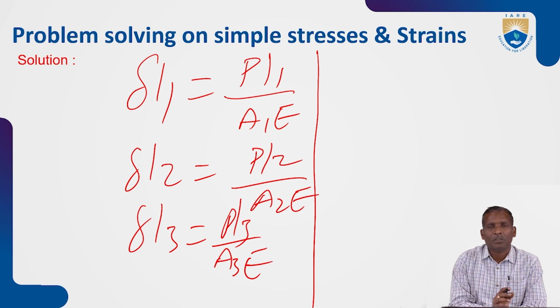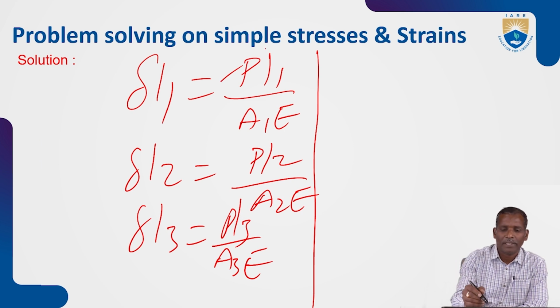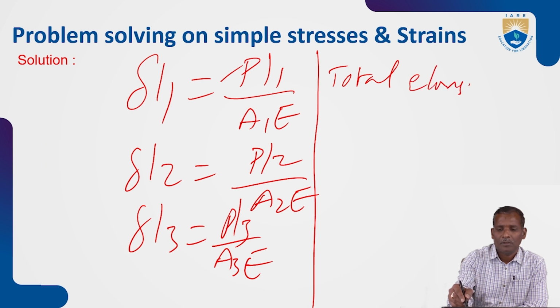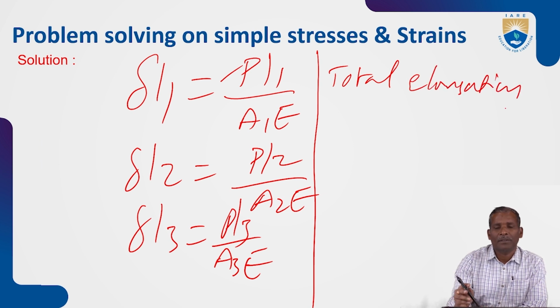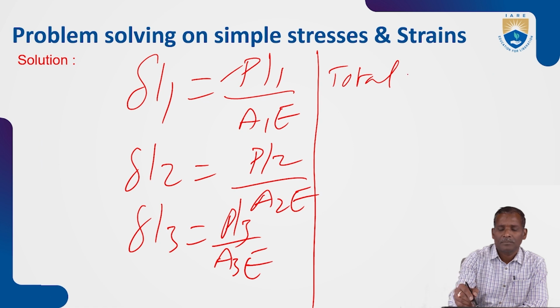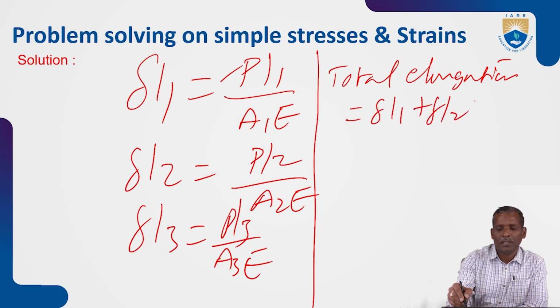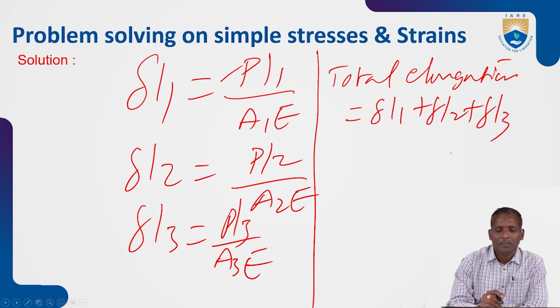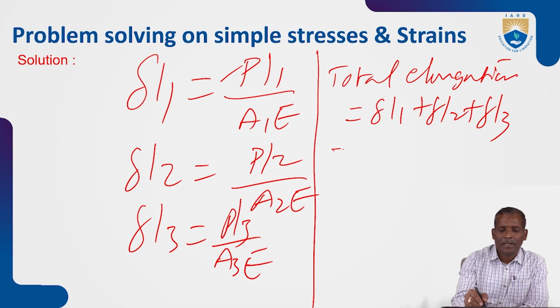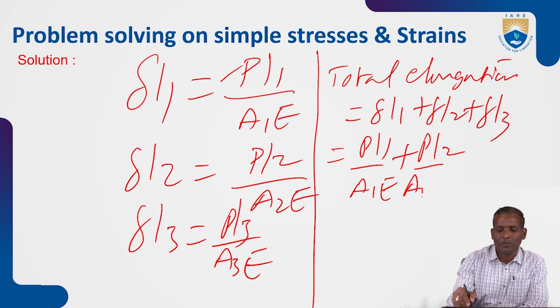What he has asked is the total elongation of the bar due to this load. So the total elongation is delta L1 plus delta L2 plus delta L3. Now you can write PL1 by A1E plus PL2 by A2E plus PL3 by A3E.